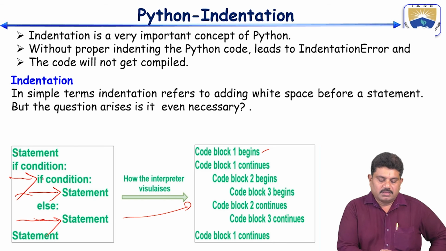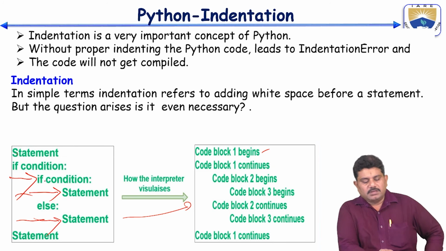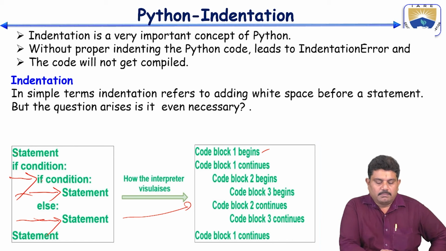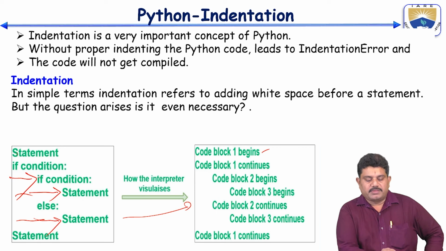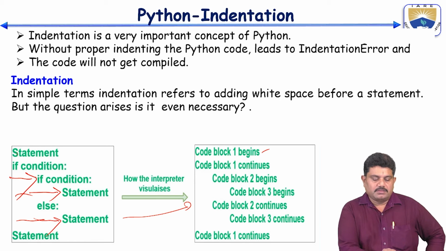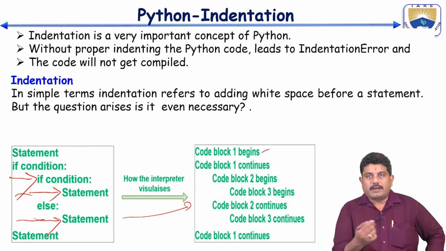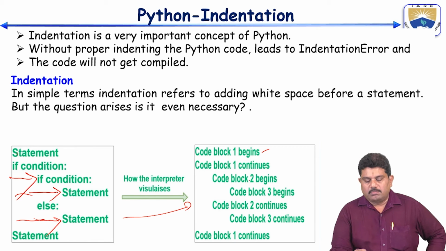And then if you see the inner if condition, it has some white spaces before it. It means this belongs to another code block. Now code block 2 begins here. And then again, if you see the statement inside the if condition, it has some more indentation, some more white spaces before the statement.